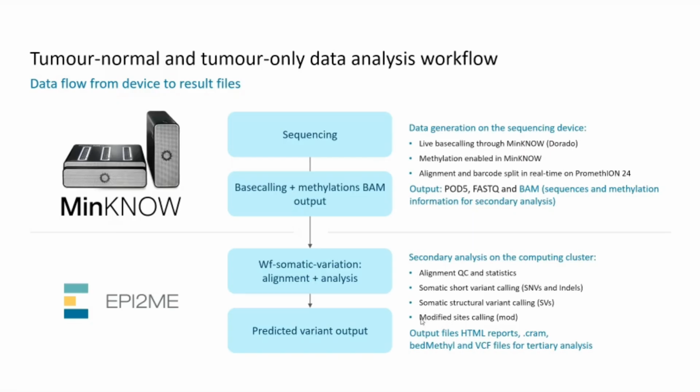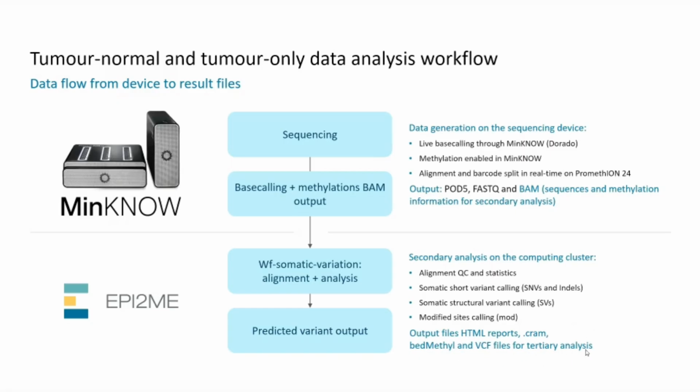We can also identify modified bases inside the tumor samples compared to the normal sample. So the output includes the HTML reports, the alignment in CRAM, the modified base information in the MOD format, and other variants in the VCF format.